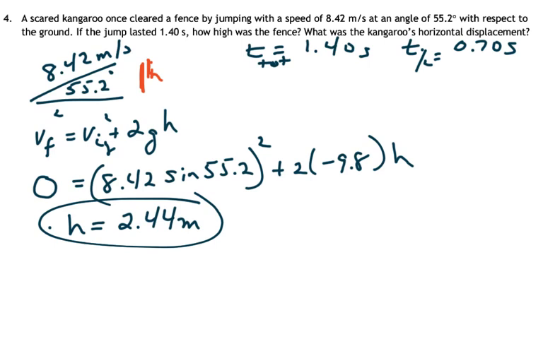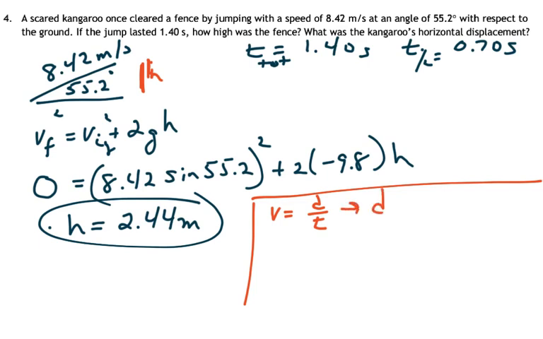So we have the, change colors. Velocity is equal to distance over time. We want distance. So distance in the x direction is going to be equal to velocity in the x direction times time.